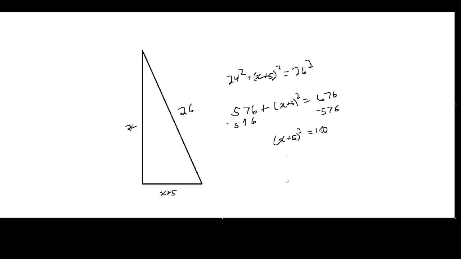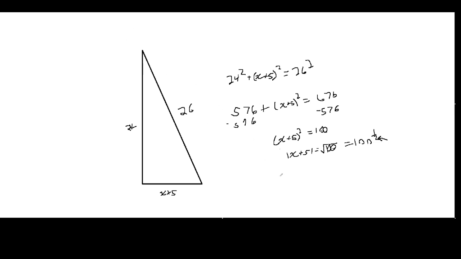Right? And now from here, what you have is the absolute value of x plus 5 equals the square root of 100, and this is absolute value because whenever you do the square root, or the root of an even number, it'd be the same as 100 to the power of 1 over 2. And whenever this number right here is even, it's got to be absolute value, right?